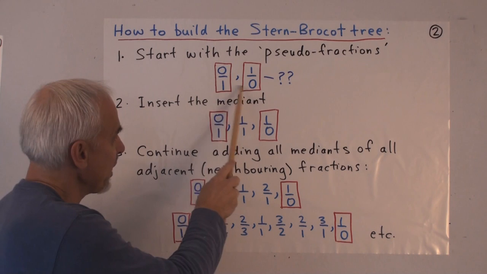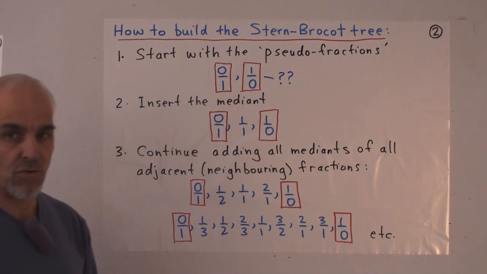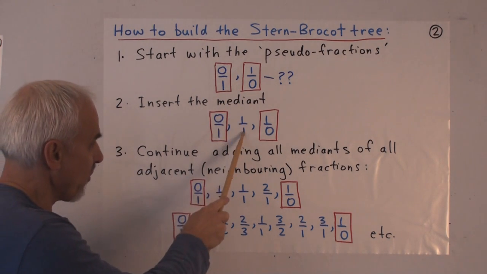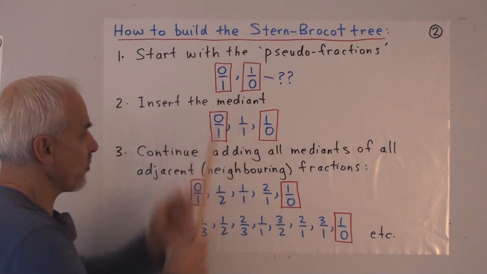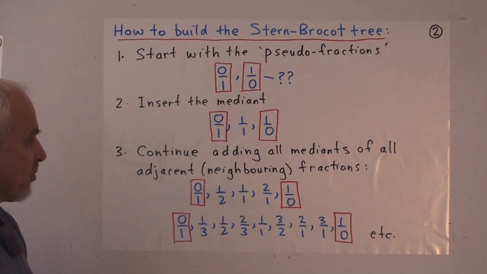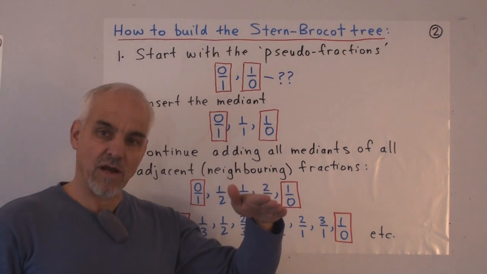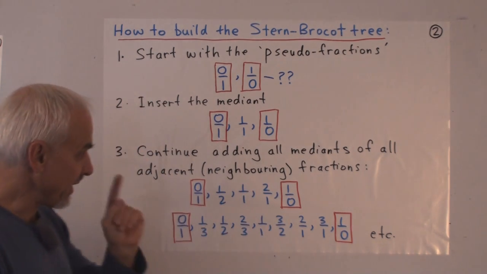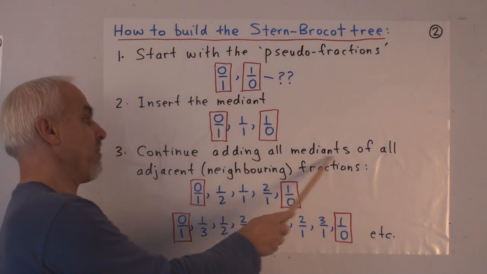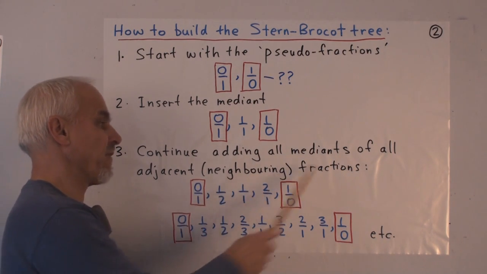Then the next stage, we insert the mediant of these two objects, which is 1 over 1, and we put the 1 over 1 in between these two pseudo fractions. And now what we do is we construct more sequences, at each stage adding all the mediants of all adjacent neighboring fractions.